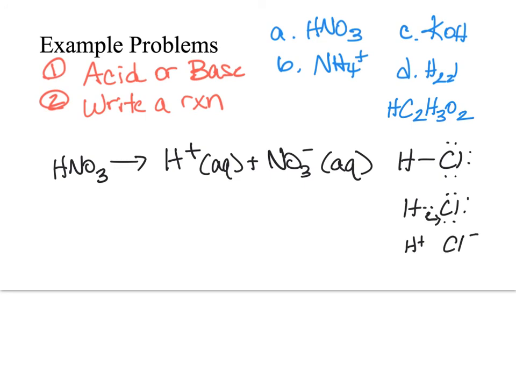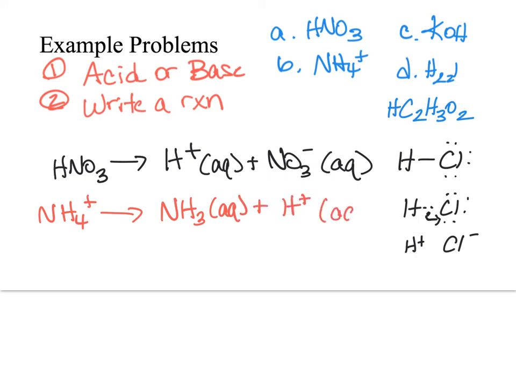Right, my second reaction here, NH4, I said it would react as an acid. So we're just going to pull one of those hydrogens off. When we do that, the positive charge goes with it. So we have NH3 plus hydronium.